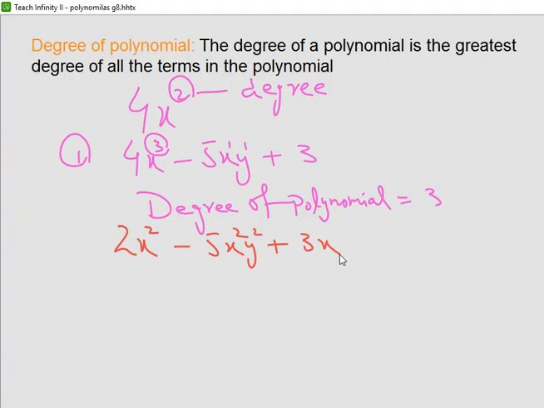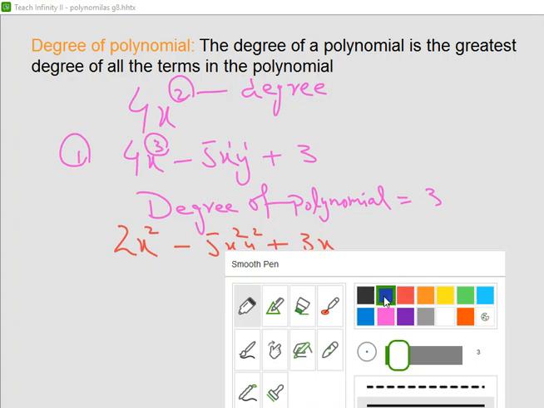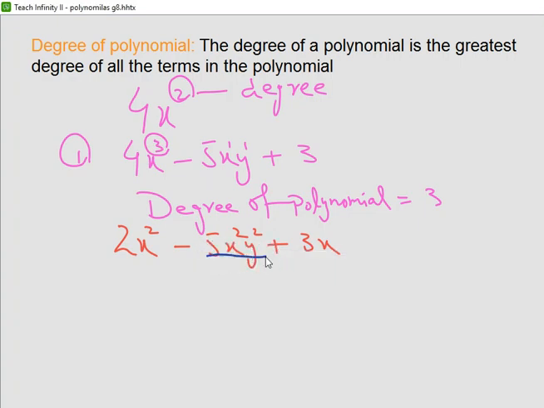Here you can see the term 5x square y square is a single term, so both powers will be added: 2 plus 2 is equal to 4. So the degree of this polynomial will be 4. I will write degree of polynomial in short form as DOP, that is 4. Here 4 is the greatest degree of the polynomial.